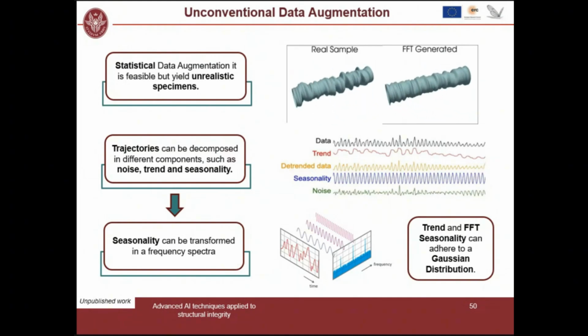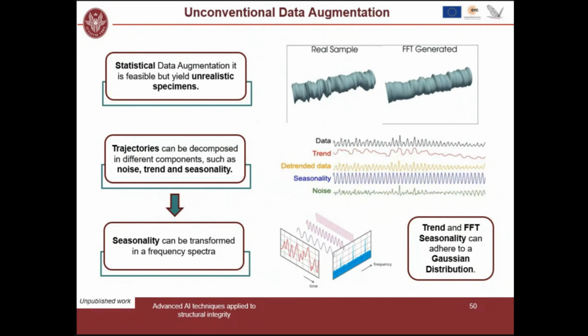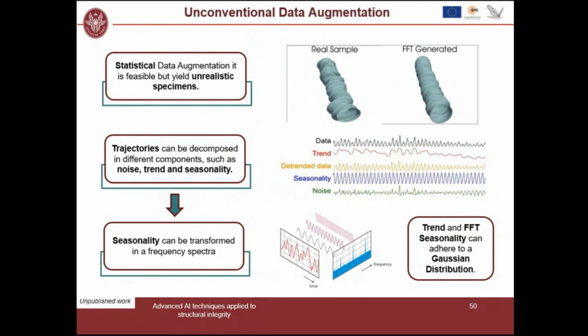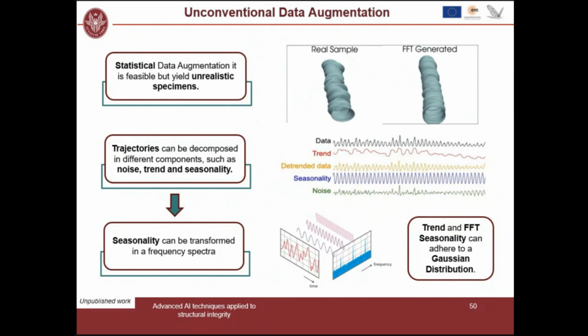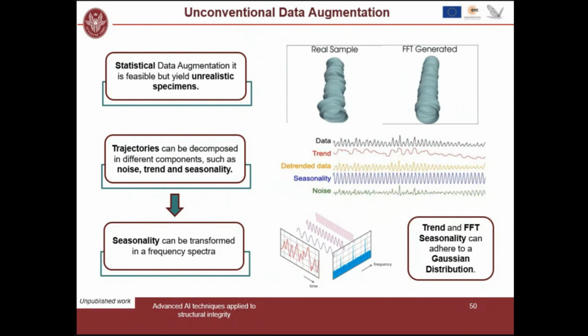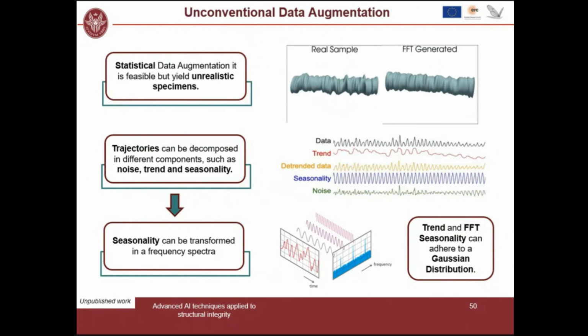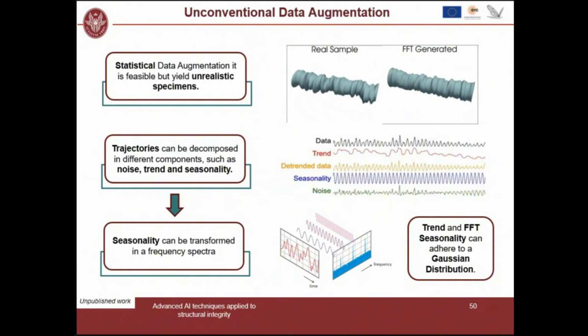I deconvoluted between trend and seasonality, and I retro-transformed the data after sampling inside those distributions, generated those fake data, and pre-trained my neural networks on those fake data.